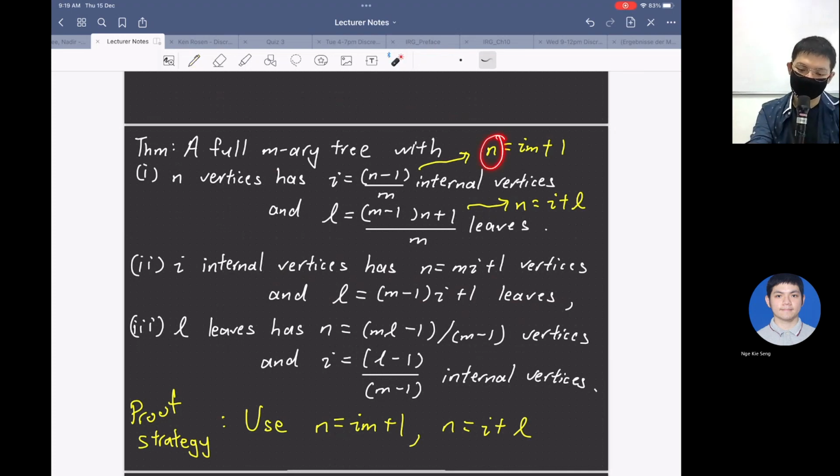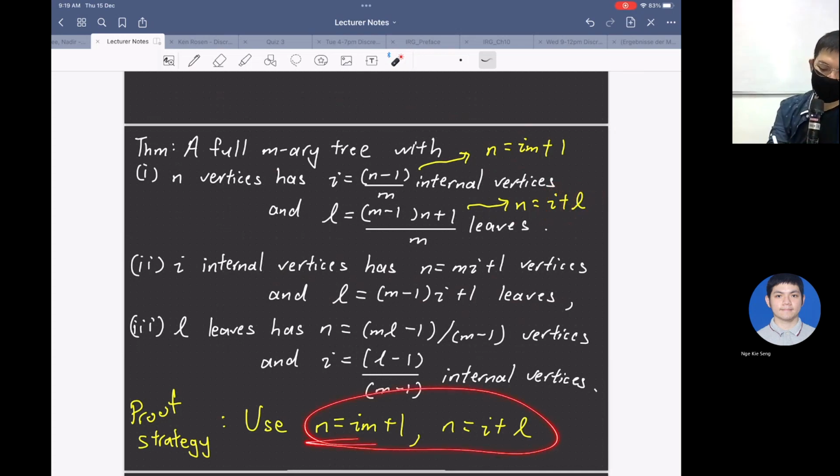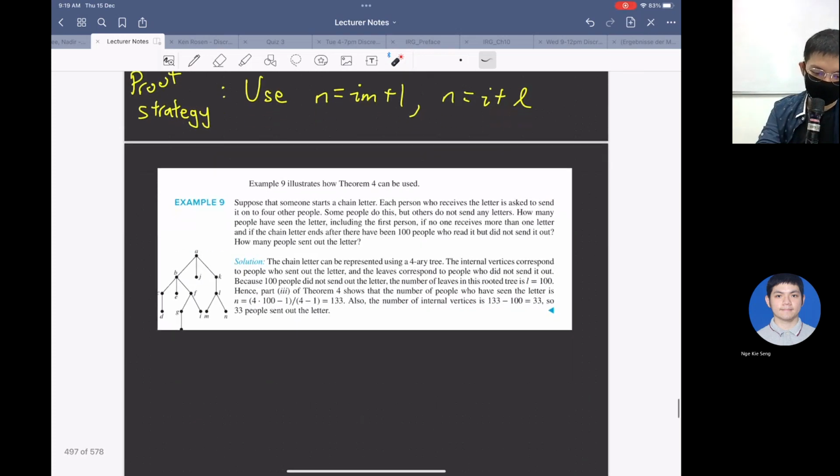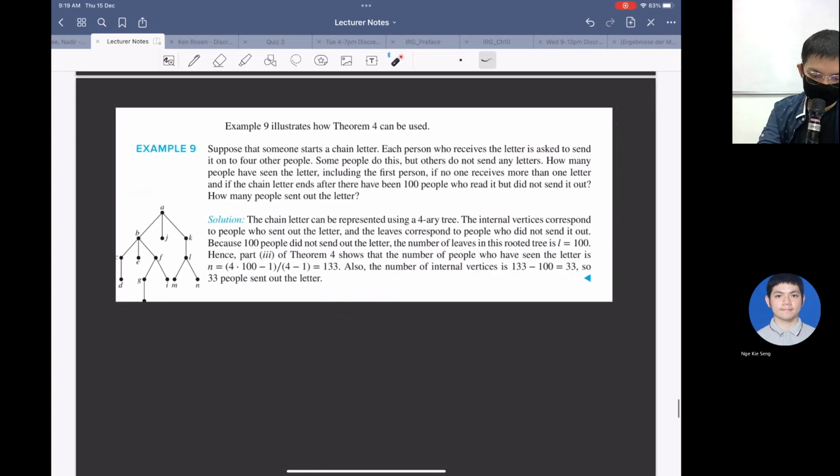So the first one connects n with the internal vertices and the number of children, and the second connects n with internal vertices and leaves. So these two equations determine these numbers. Maybe you think this is a bit boring because we just calculate the number of internal vertices and leaves. But actually your textbook gives quite a good example here.